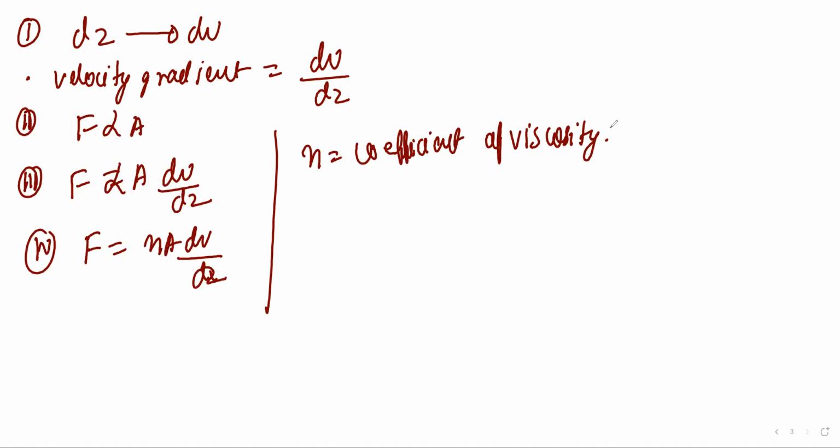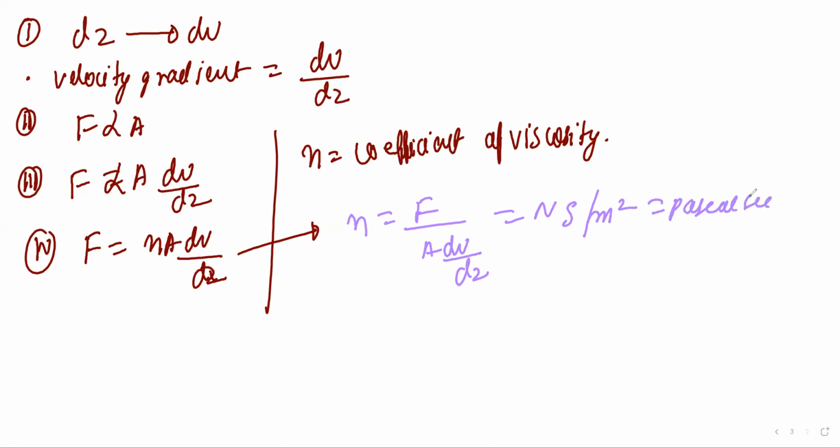So the coefficient of viscosity is the force when the velocity gradient is unity and the area of contact is 1. If you want to calculate the eta value, we can use this equation: eta equals force upon area into du by dz. In this way, we can derive the unit of viscosity. It will be Newton second per meter square, and this is also called Pascal second.